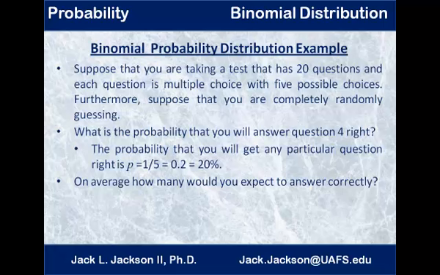So can you see that the number that you get correct is a binomial distribution? You've got n is 20 and p is 1/5. Because they're independent. If you're totally just randomly guessing, each question is independent of the one before, and each one you have a probability of 1/5. Now here's something I want you to think about. On average, how many would you expect to answer correctly out of these 20 questions?